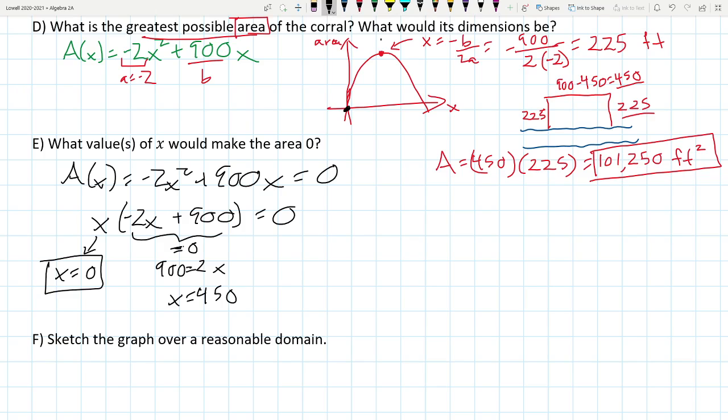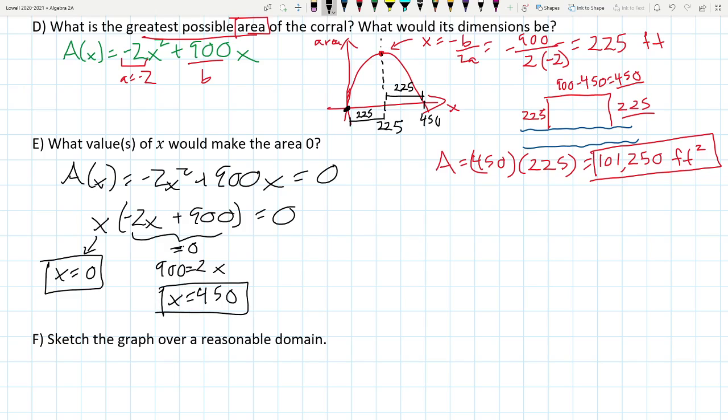And since we already know that the vertex happens at 225, remember, because a parabola is symmetric, if the distance from the vertex to one x-intercept is 225, then the distance from the vertex to the other x-intercept is also going to be 225. And so 225 plus 225 is going to get you to 450 anyway. So that should definitely make sense.